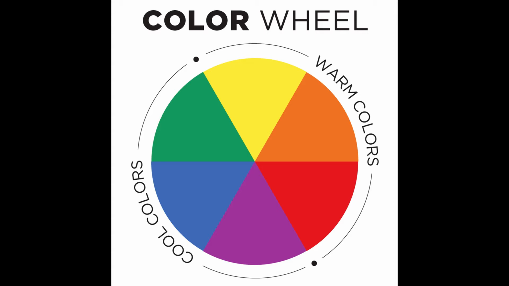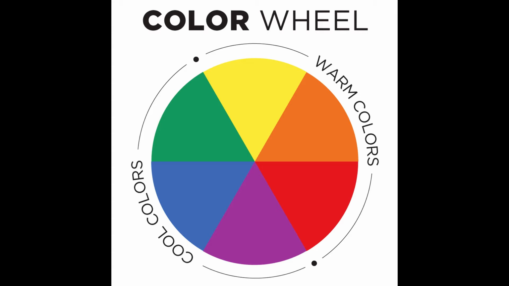So we have our primary colors, we have our secondary colors, and we have our cool and warm colors. So let's start with our primary colors. So your primary colors are red, yellow, and blue.